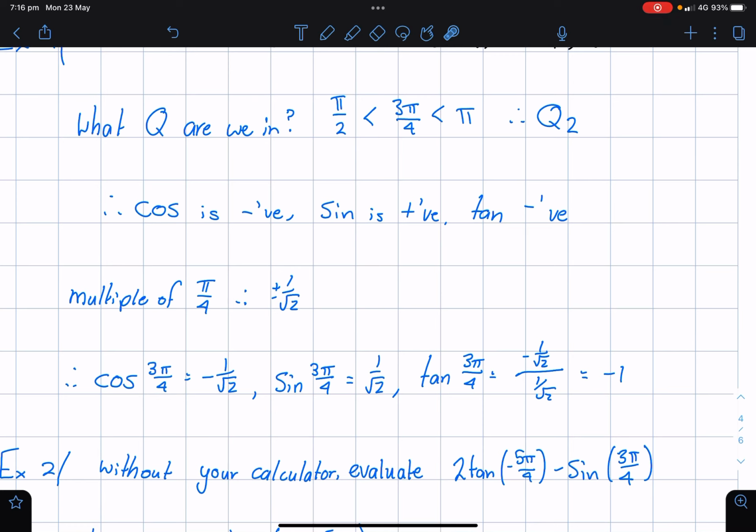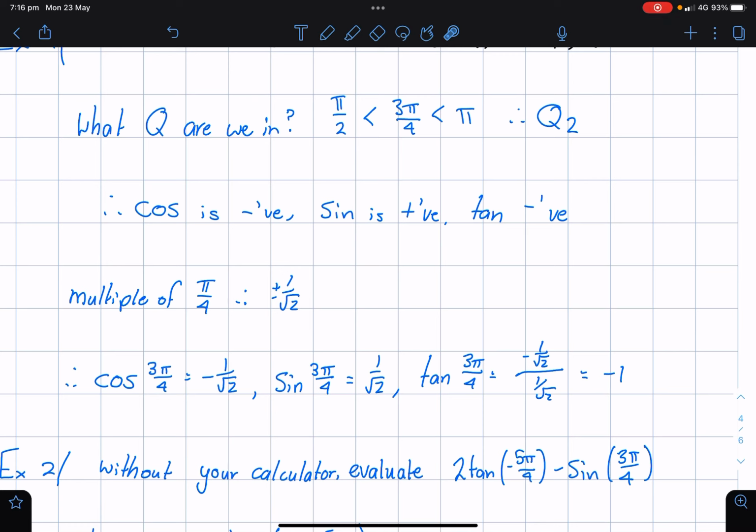So tan of negative 5 pi on 4 is actually equal to tan of 2 pi take 5 pi on 4, which is in fact tan of 3 pi on 4. If we're using the facts that we just found up here, we actually know that that's negative 1, okay? Now looking at sine of 3 pi on 4, that is 1 on root 2 from above as well.